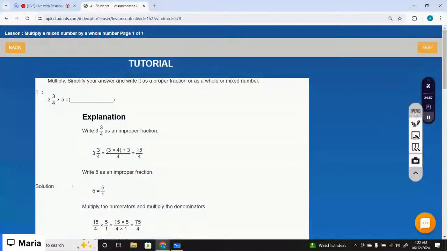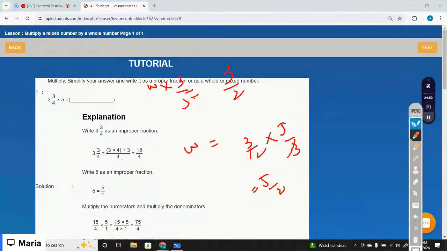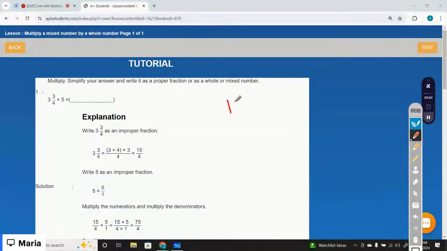So convert the mixed number to an improper fraction first, that is 4 times 3 is 12 and 3 is 15 over 4. So 5 doesn't have any denominator, that means its denominator is 1. 15 times 5 is 75 divided by 4.